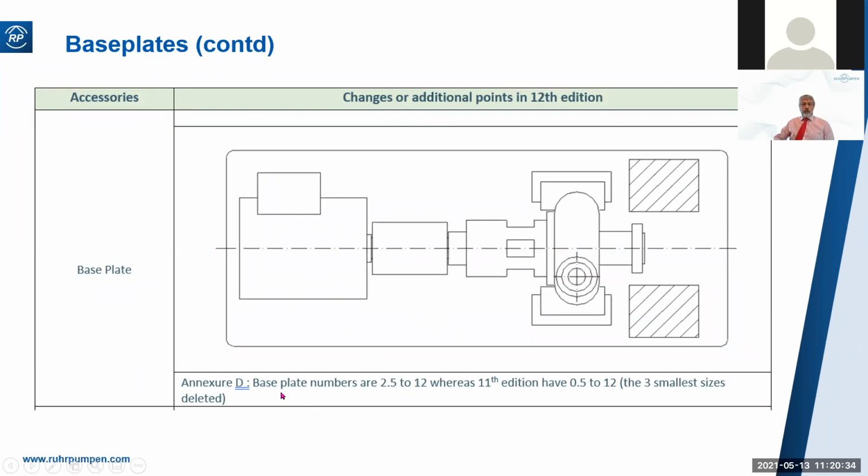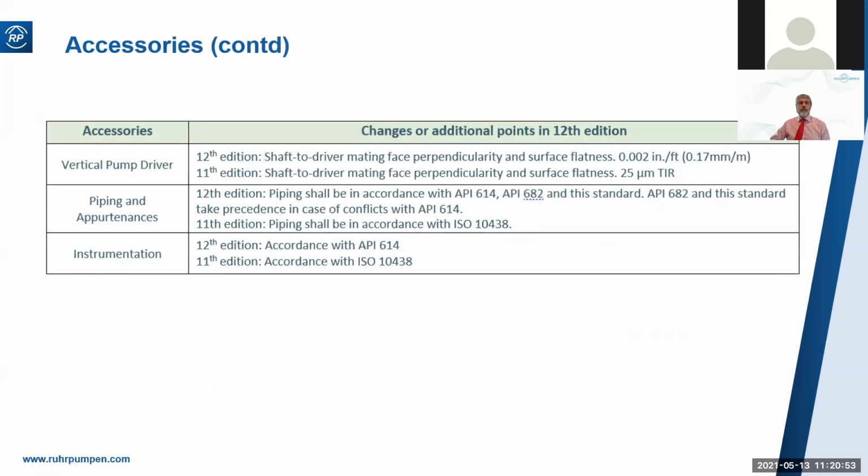They've also removed the 4 smallest base plates from Annex D. I imagine they were seldom, if ever, used. They were 30-inch wide, 760 millimeter wide. These changes, they're no big deal, mainly housekeeping and alignment with the latest international standards.